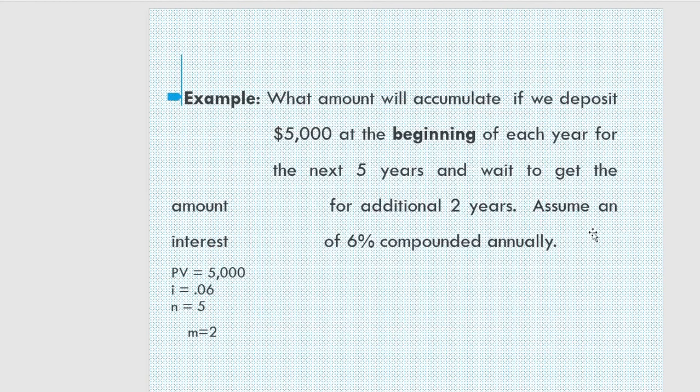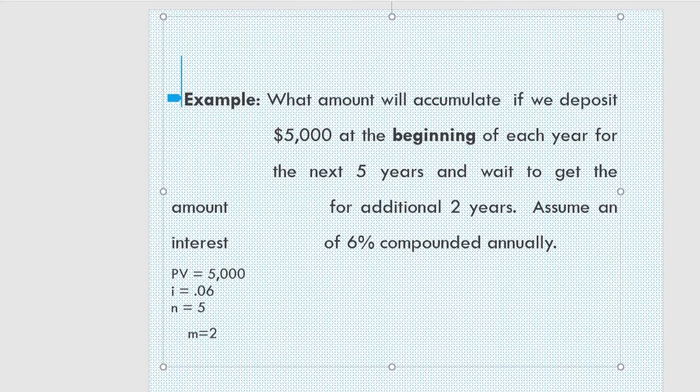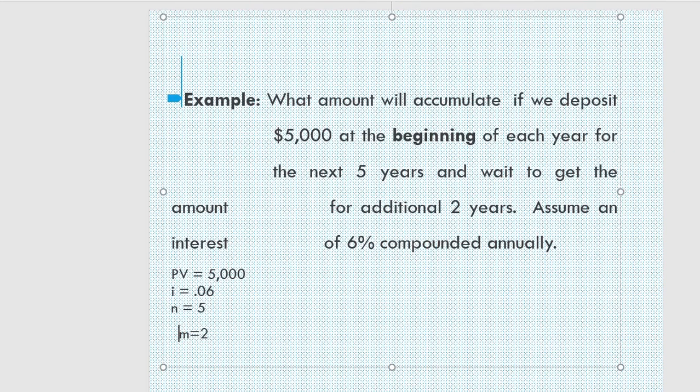I know you understand this from an example. What amount will accumulate if we deposit 5,000 at the beginning of each year for the next 5 years and wait to get the amount for an additional 2 years? Assume an interest of 6% compounded annually.